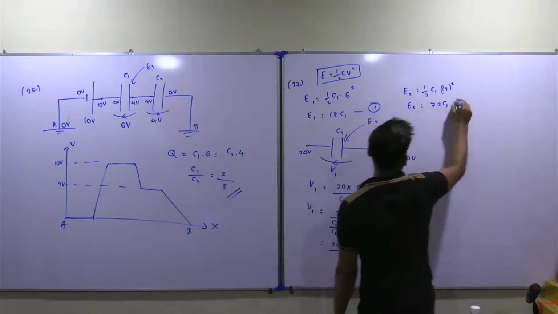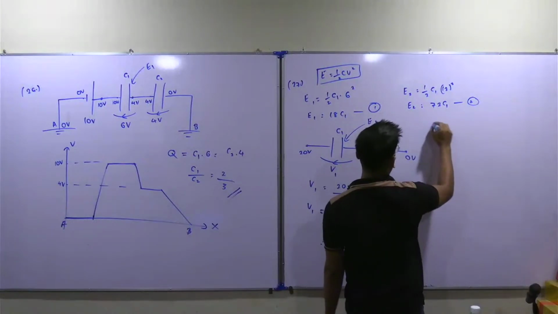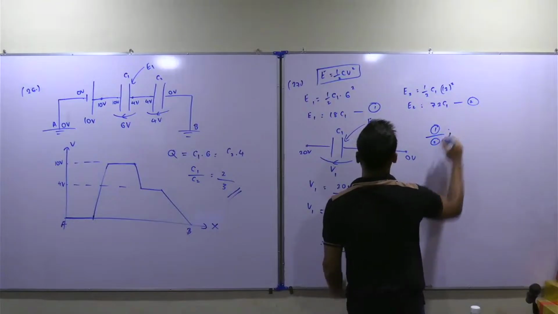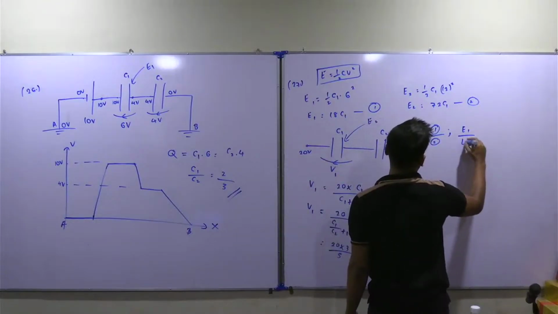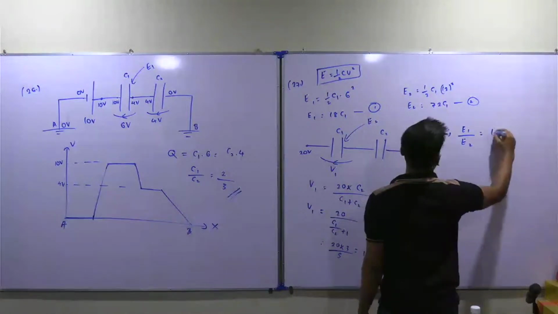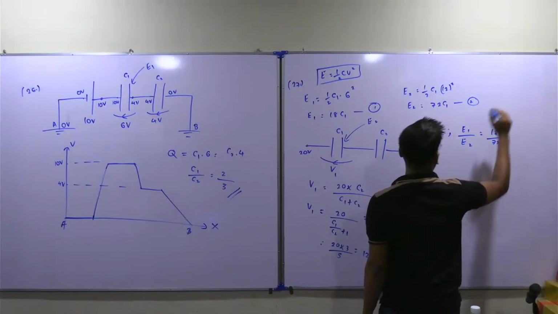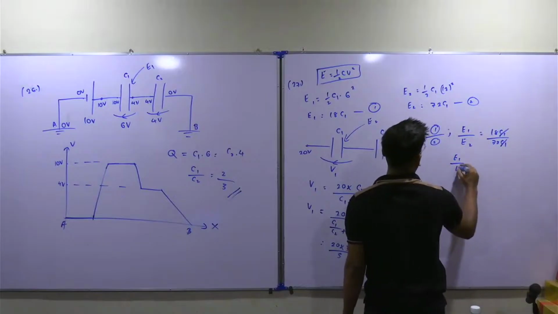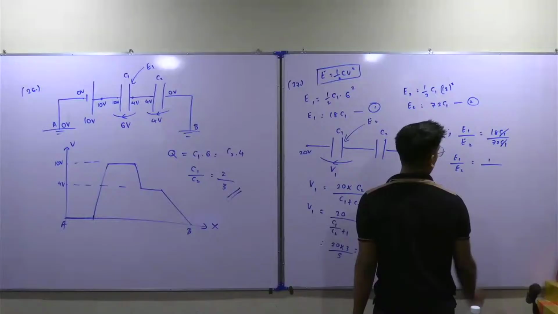So you can take a relationship between E1 and E2. When you divide 1 by 2, you have E1 over E2 equals 18 C1 over 72 C1. C1 is gone. So E1 over E2 is equal to 1 over 4.